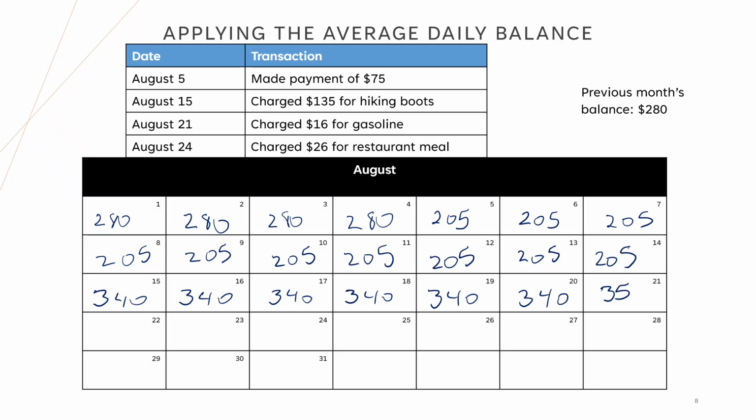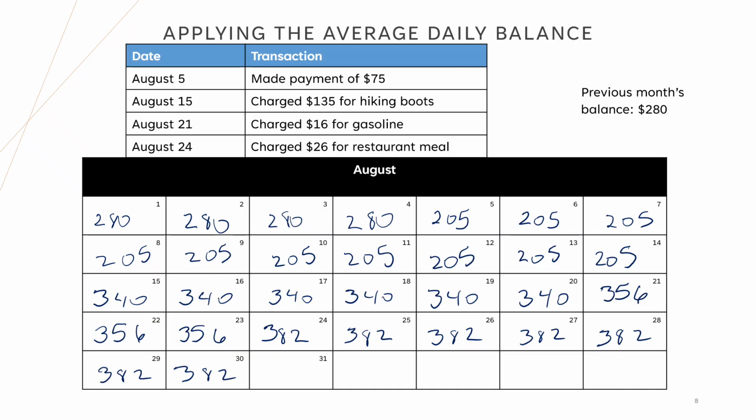So now our balance is $356, and it remains $356 until the 24th, where we go out to eat and we increase our credit card balance by another $26, and it remains that way for the remainder of the month.